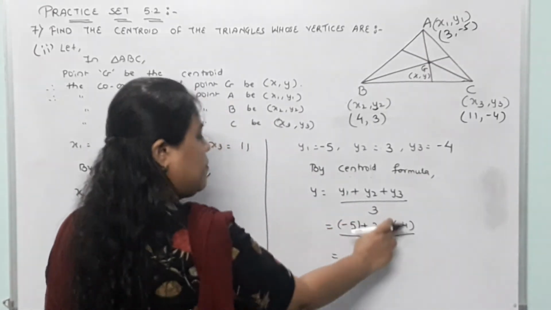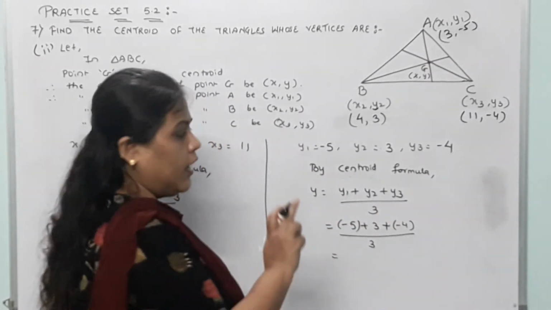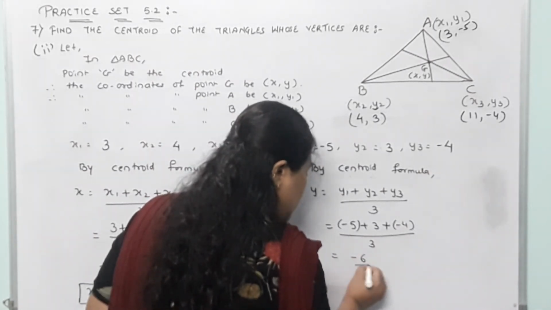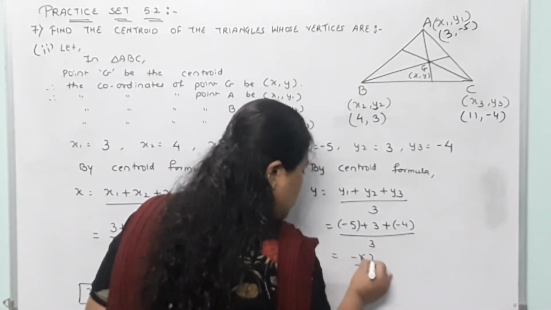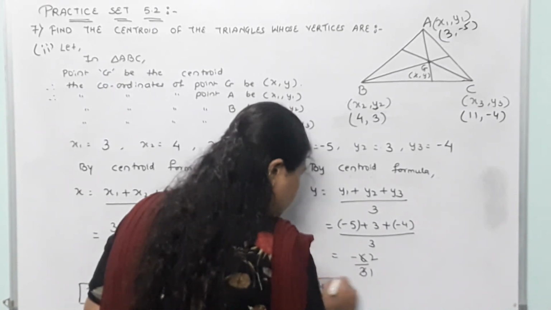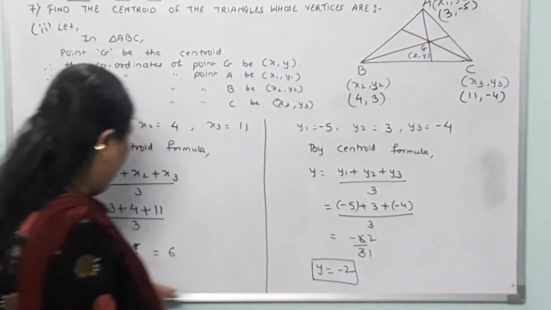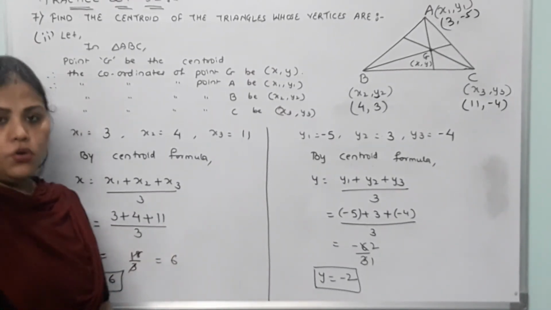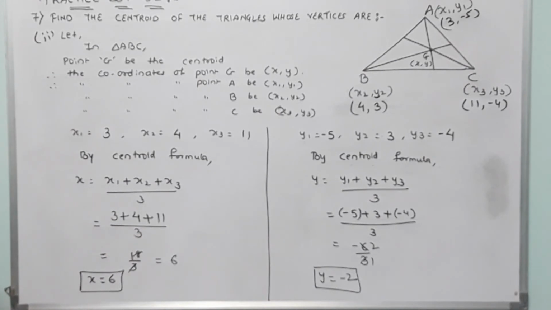So minus 5 minus 4 is minus 9. Minus 9 plus 3 is minus 6 upon 3. 3 twos are 6. Value of y is minus 2. So here we get the value of x and y coordinates as 6 and minus 2 respectively. Note down the sum and then we'll see the next question.